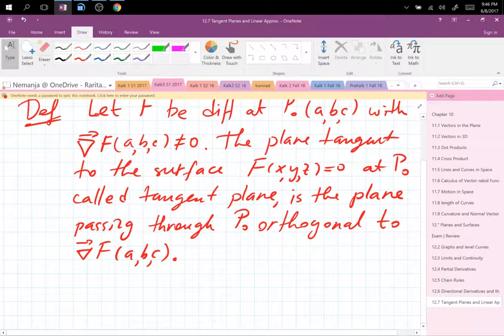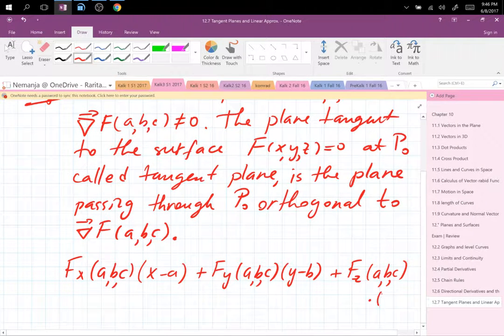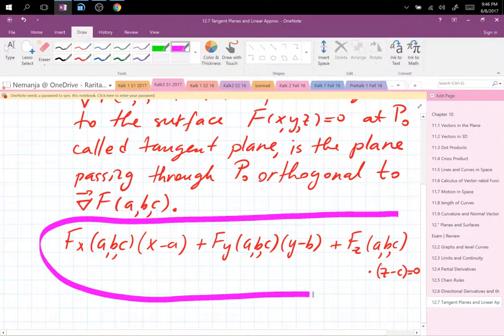So you have fx computed at ABC times x minus a, plus fy computed at ABC times y minus b, plus fz computed at ABC times z minus c, equal to 0. So that's the tangent plane.